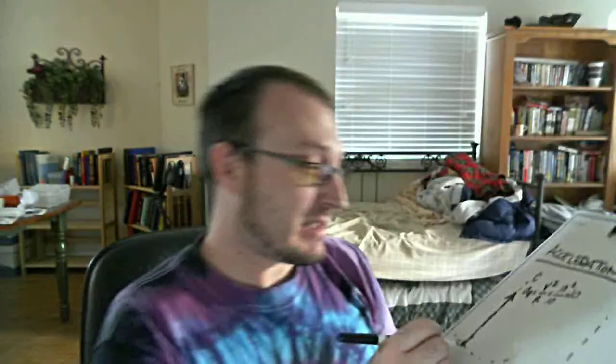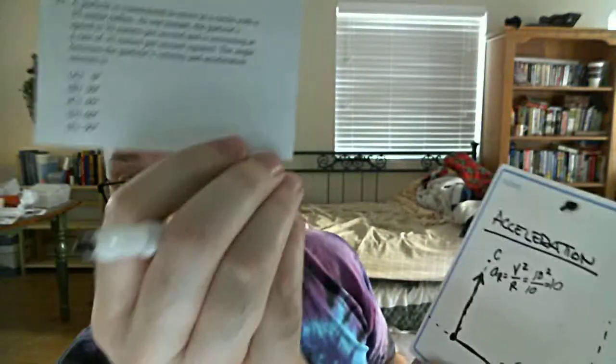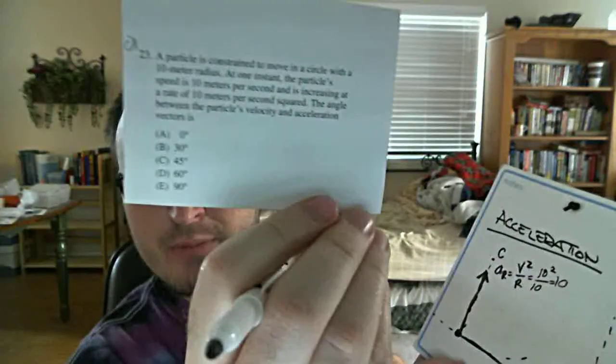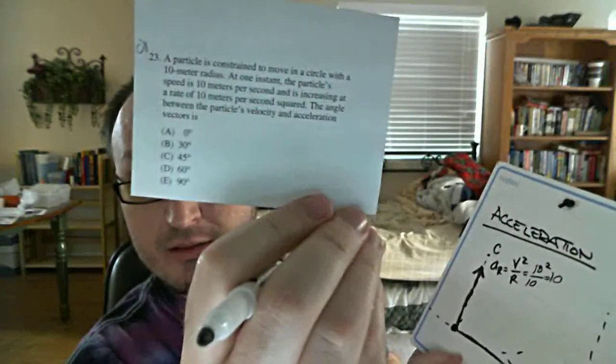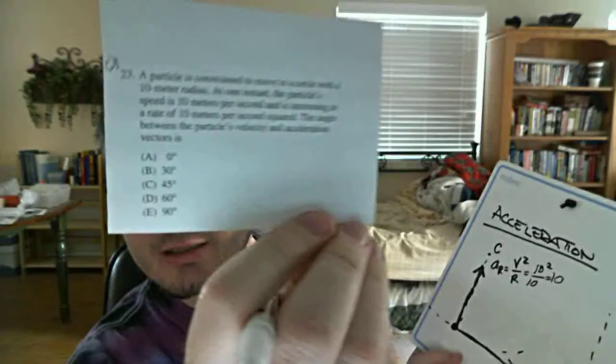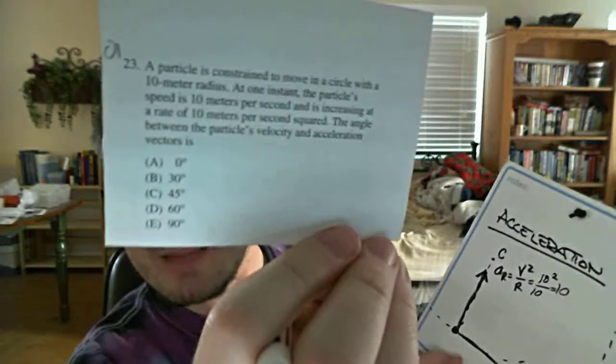What about the acceleration tangentially? Is it there? Yes. They don't tell you that in the problem. They could have spelled it out easier. They could have said the particle is accelerating at 10 meters per second squared along its tangent in the same direction as its instantaneous velocity. They're not going to spell it out for you like that.